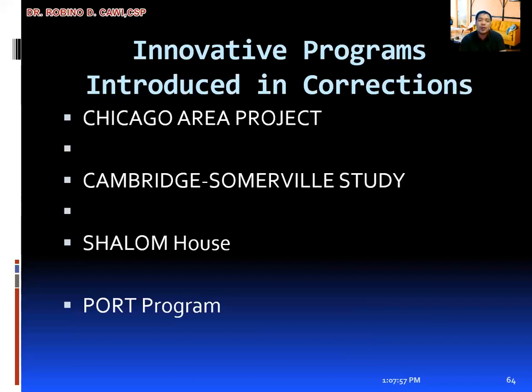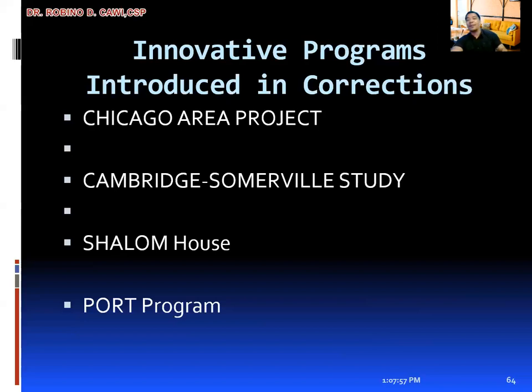And then, of course, we also have the PORT program. Basically, the PORT program is intended for probationers. In order to maximize the community rehabilitation program of these so-called inmates, it is important that they stay in one particular facility, or in one particular community, for purposes of their treatment and rehabilitation.